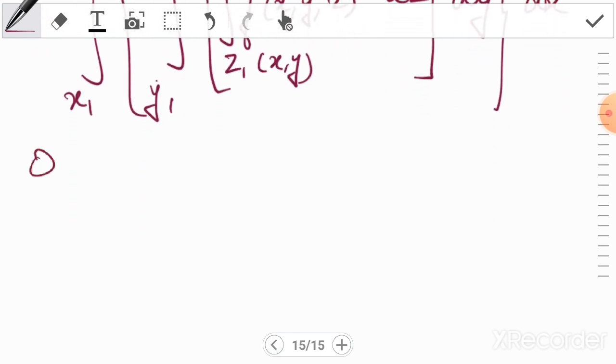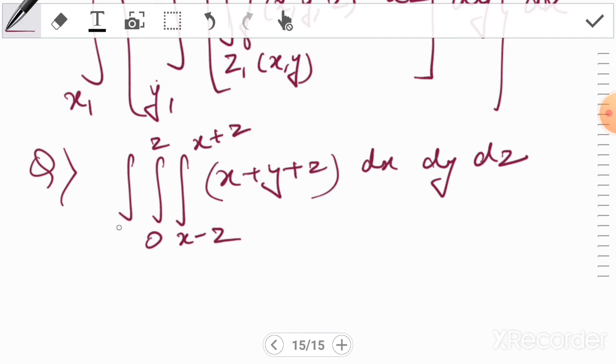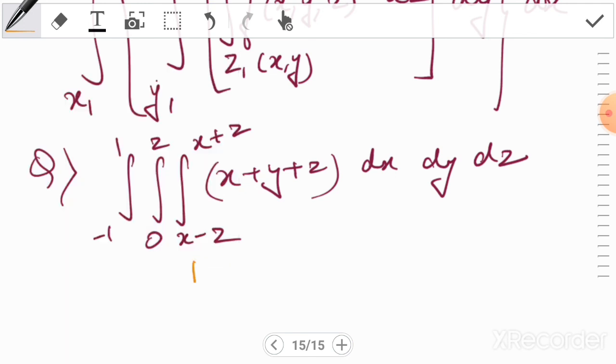For example, let us consider a simple triple integral of x plus y plus z, dx, dy and dz, with limits x minus z to x plus z, 0 to z and minus 1 to 1. So obviously these are the limits of y, this is the limit of x, and this is the limit of z.